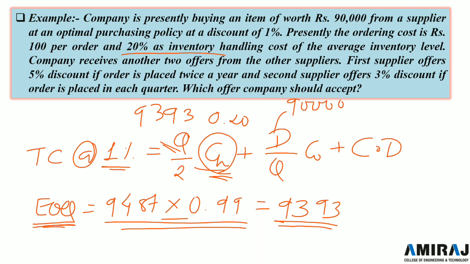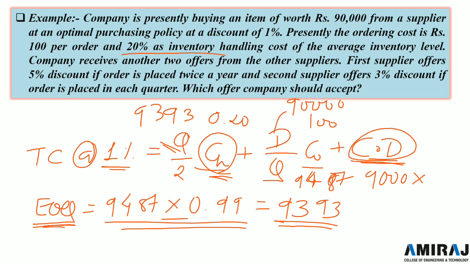CO, the ordering cost, is 100. Q is equal to 9487, that is the economic order quantity. Then last, C into D is 90,000 into the discount considered, 0.99.